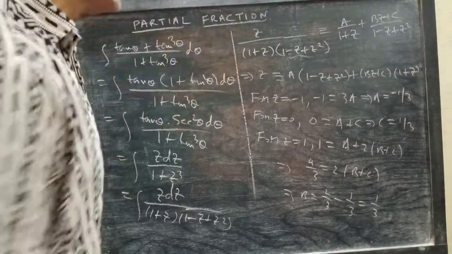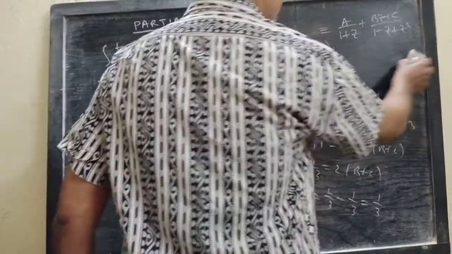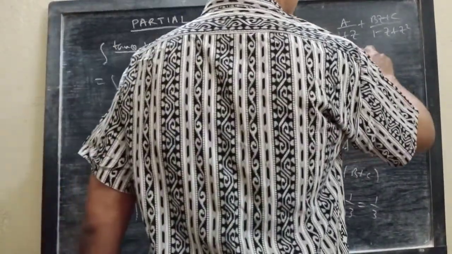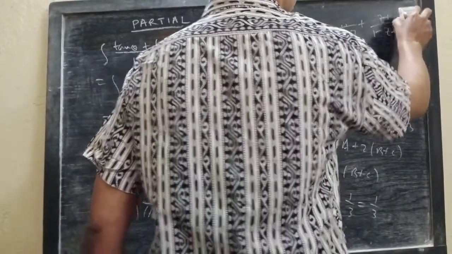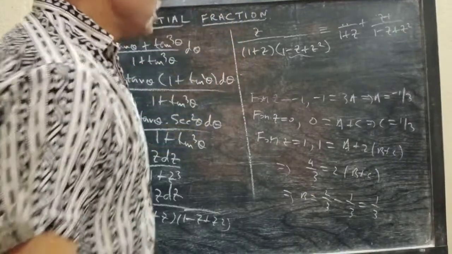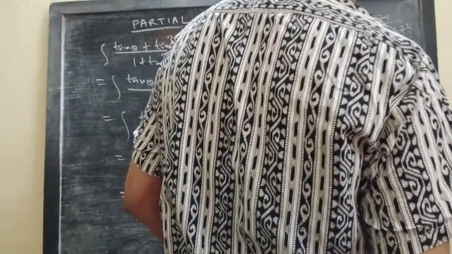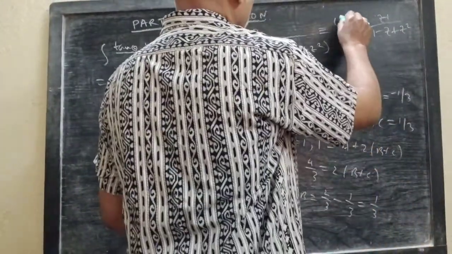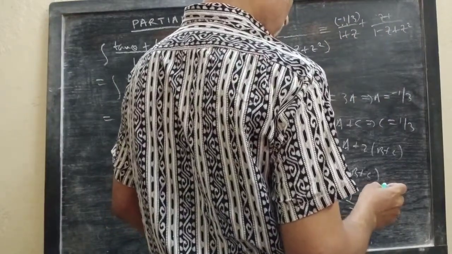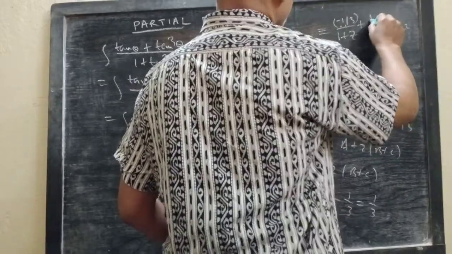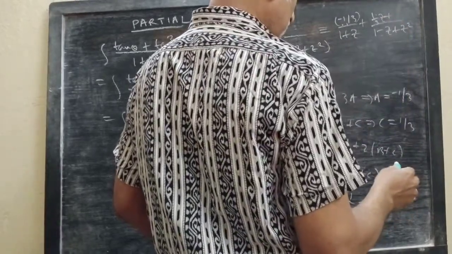So now we can write the fraction in this way. A was minus 1/3, B is 1/3 and C is 1/3.